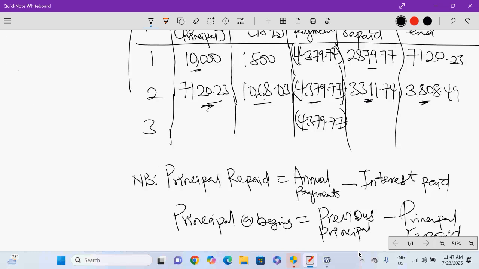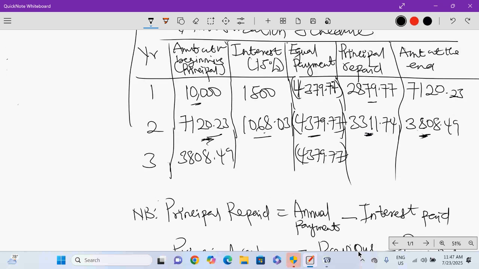Alright. So the 3,808.49 is at the end, and that will be the beginning here. The interest rate on that is given as 15%, so times 0.15. That's giving us 571.27.